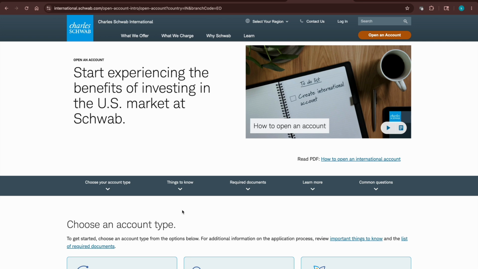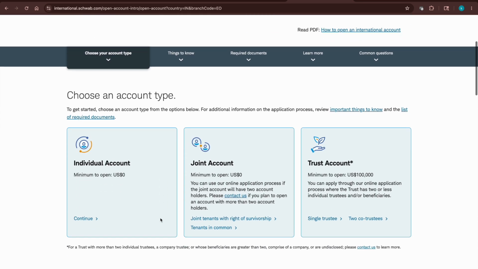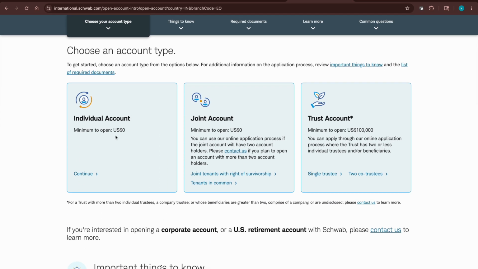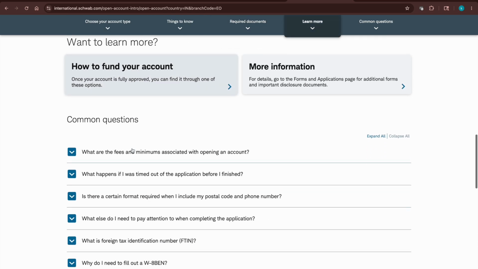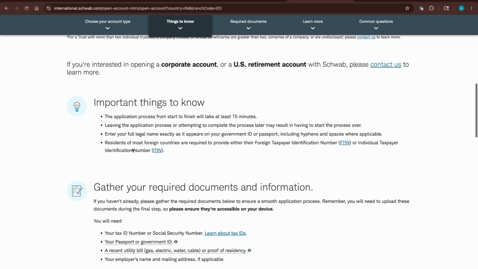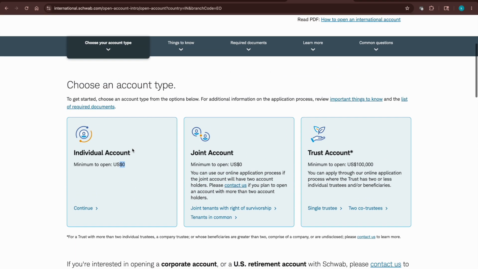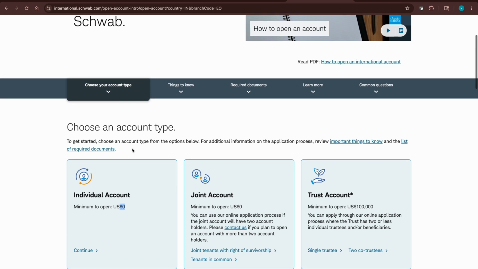And then from here you can basically follow through the steps, maybe just start with an individual account. The minimum to open is $0. As you can see, you can start with a $1,000 account and things like that. The good thing about this is you'll be transferring once, so your conversion or exchange rate calculation happens only once.